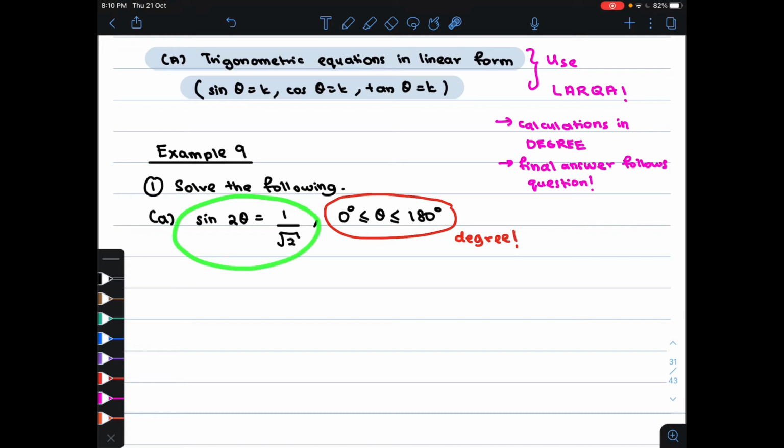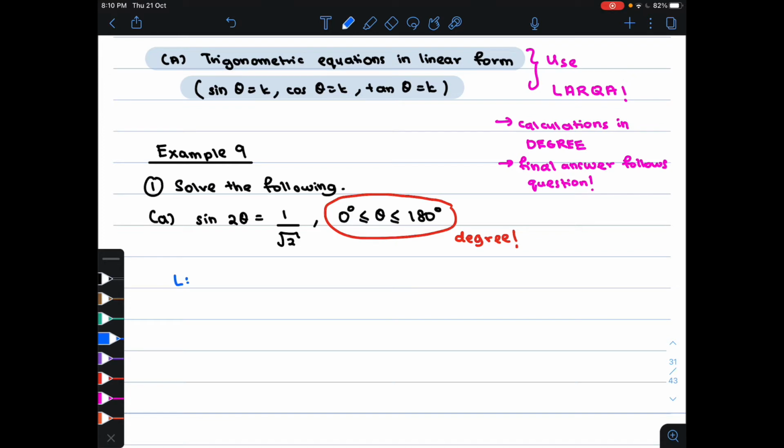As you can see, this is a trigonometric equation in linear form, where you can write sin theta equal to K, cos theta equal to K, and tan theta equal to K. Therefore, we will be using LARKA.